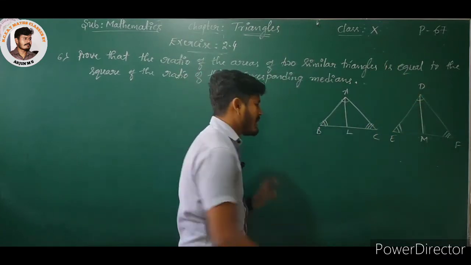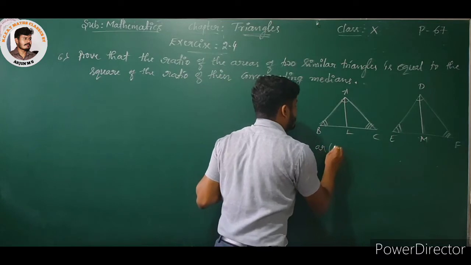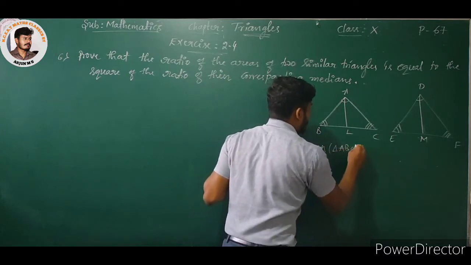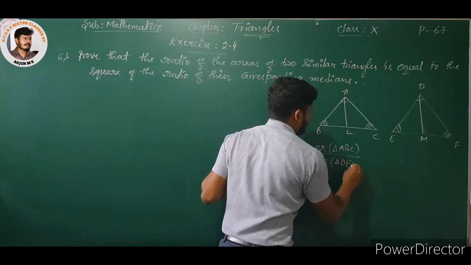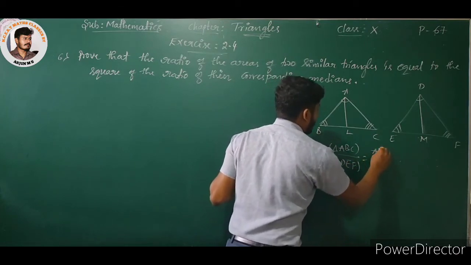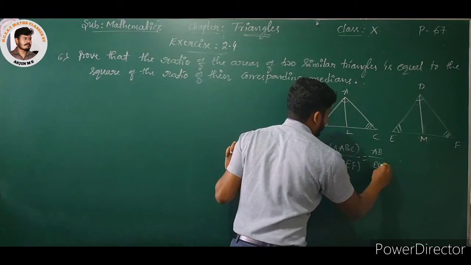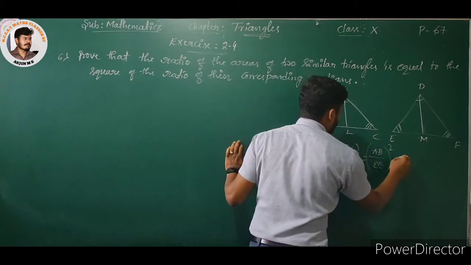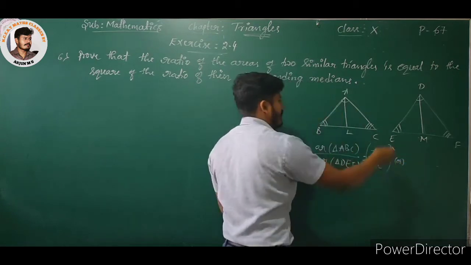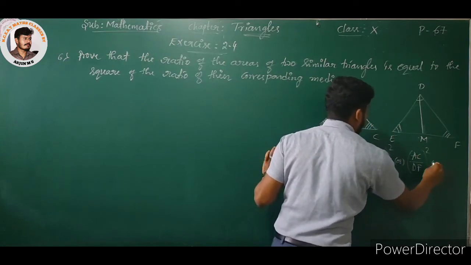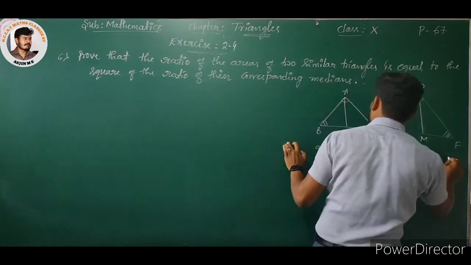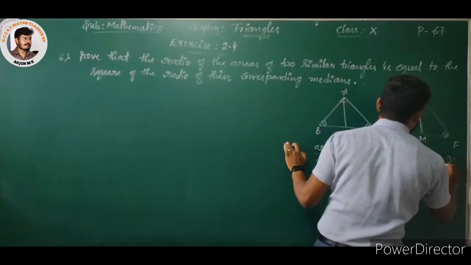But we know that in this particular situation, area of triangle ABC divided by area of triangle DEF is equal to AB by DE whole square, or AC by DF whole square, or one more ratio, BC divided by EF whole square.